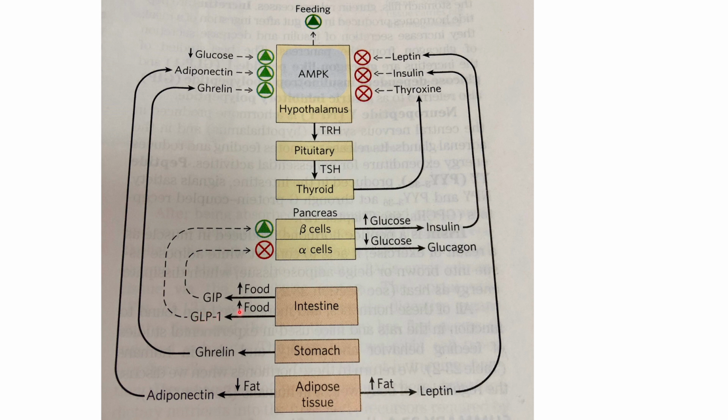The increase of food creates a release of GLP-1, and this is used as a feedback mechanism, and this creates a loop that causes a decrease of appetite. In other cases, you can have leptin, which has much the same effect. These are inhibitory functions. Adiponectin and ghrelin have the opposite effect, which increases appetite.